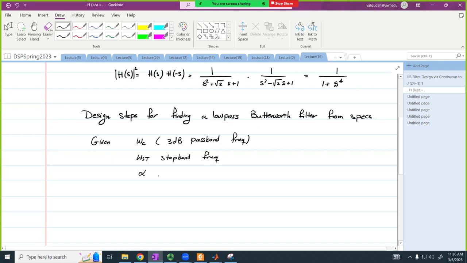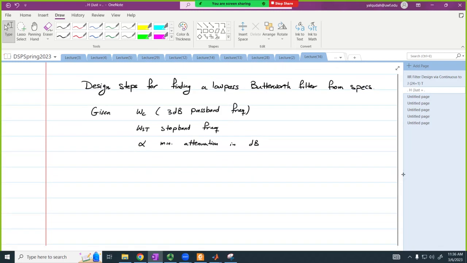And we're given the minimum attenuation in the stop band in dB. Are these parameters clear?